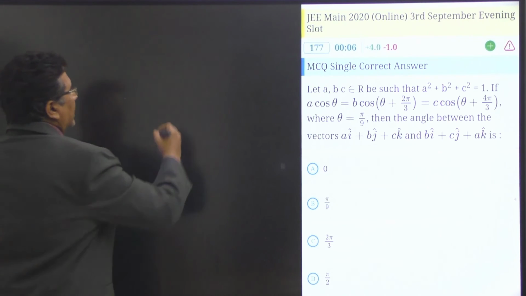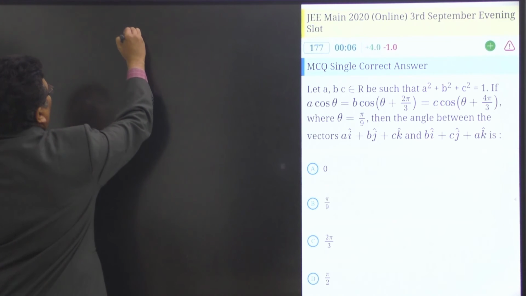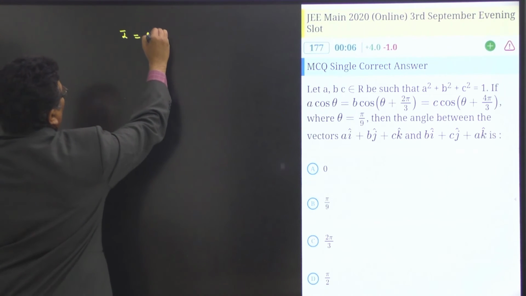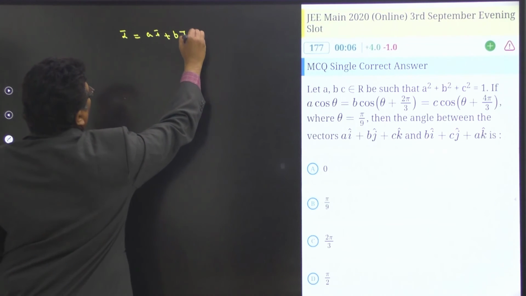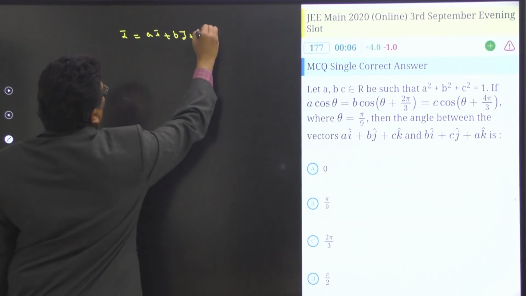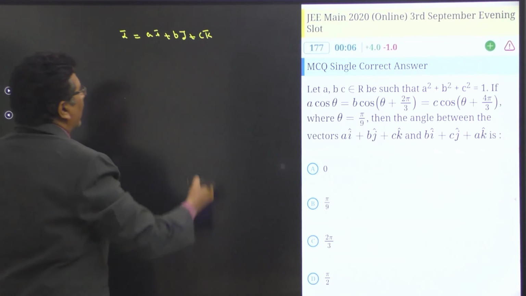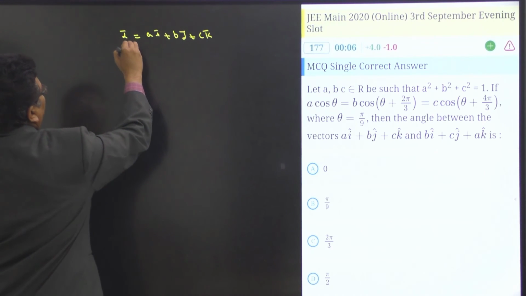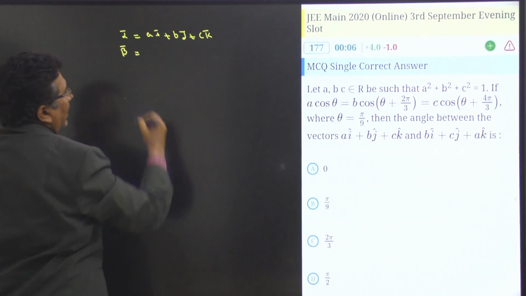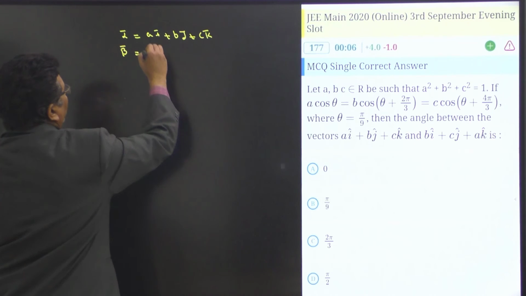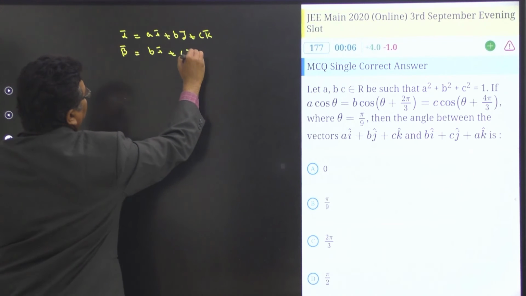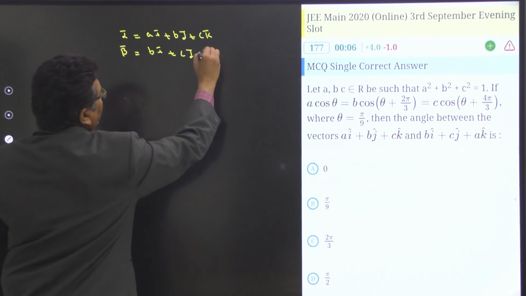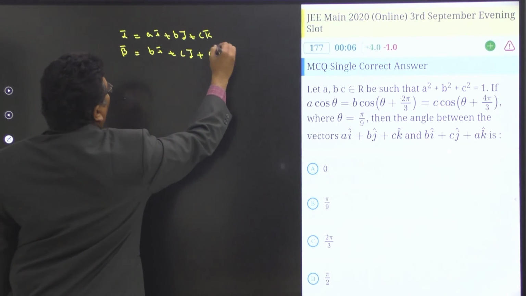Let the vectors be taken as alpha bar, that is equal to a i bar plus b j bar plus c k bar, and beta bar, that is equal to b i bar plus c j bar plus a k bar.